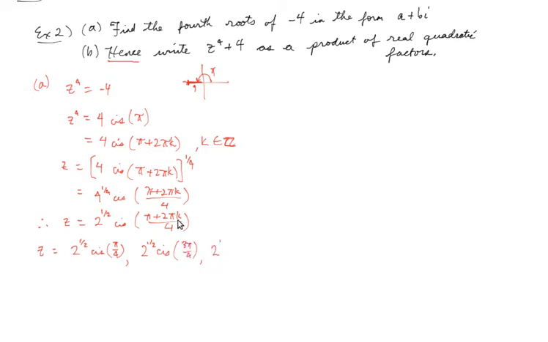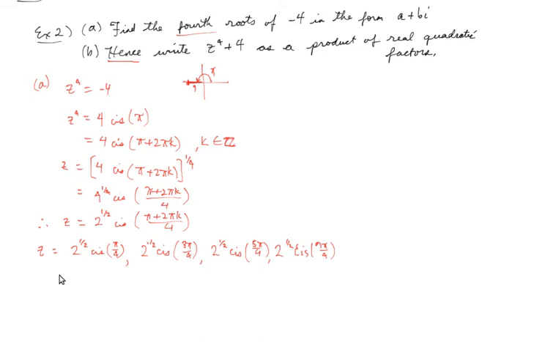When k is 2, that would be 2 to the 1/2 cis of 5 pi over 4. And when k is 3, 2 to the 1/2 cis of 7 pi over 4. Notice I have 4 answers, and that makes sense because I need to have 4 answers there.